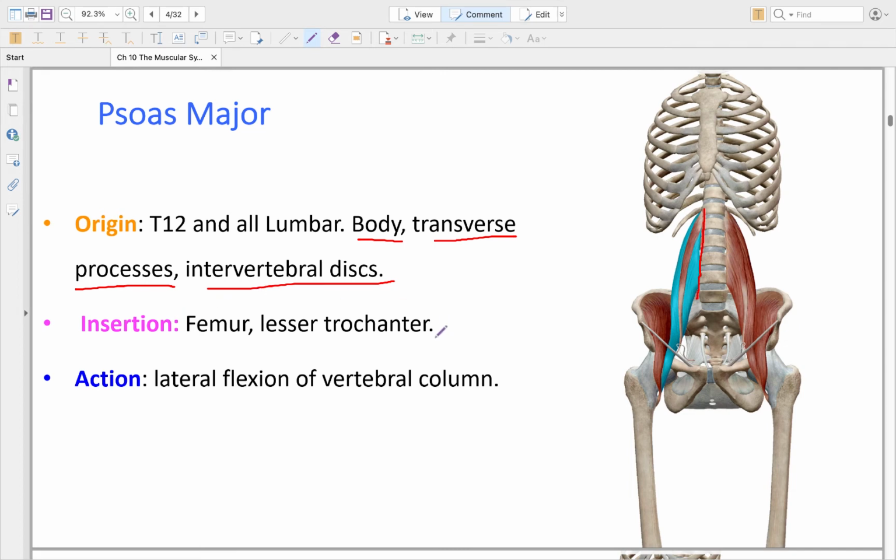Okay, the insertion point is similar to iliacus in that it is the femur, the lesser trochanter. This muscle allows lateral flexion of the vertebral column. So lateral flexion.